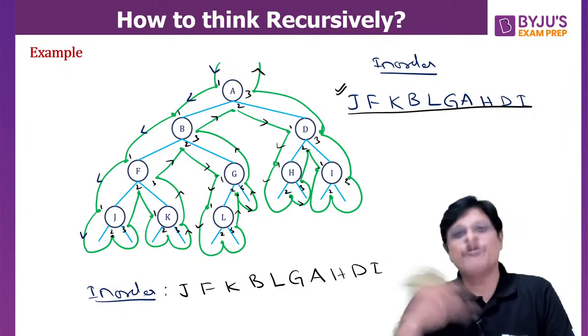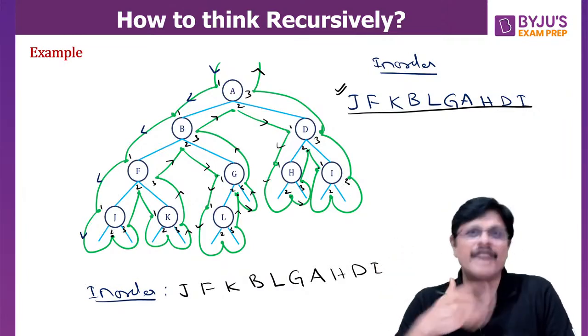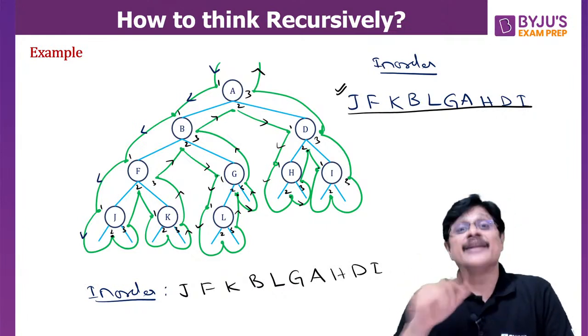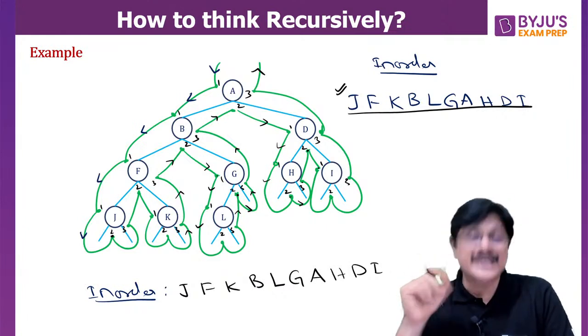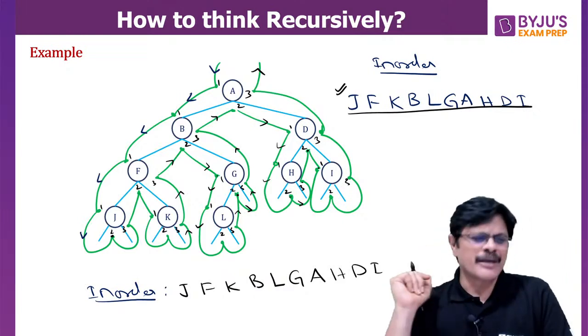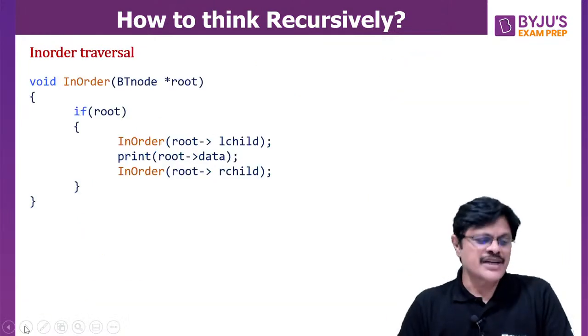Same is the case for post order. The root will be visited last. That is, the nodes of the left subtree are visited recursively in post order, then the nodes of the right subtree, then the root node is visited. So that is the story, my dear friend. Am I clear? And of course, this is the pseudocode.